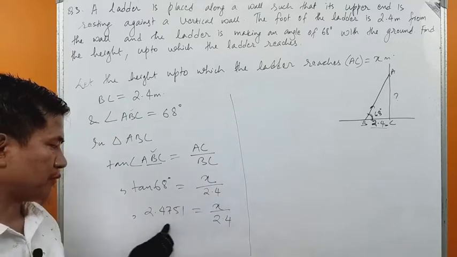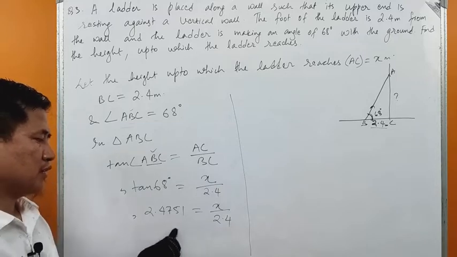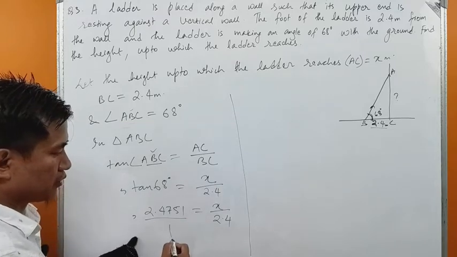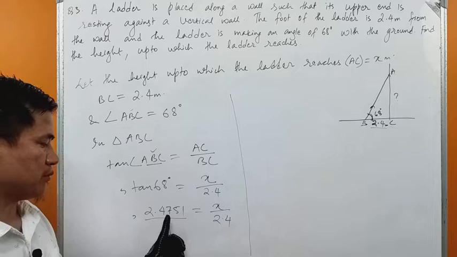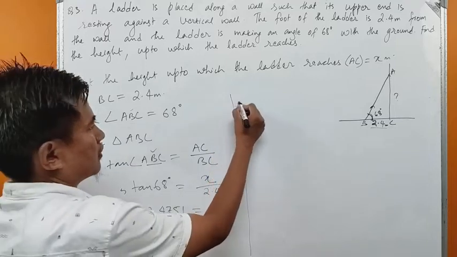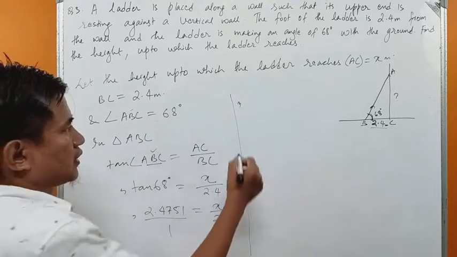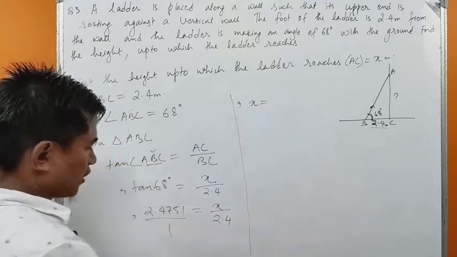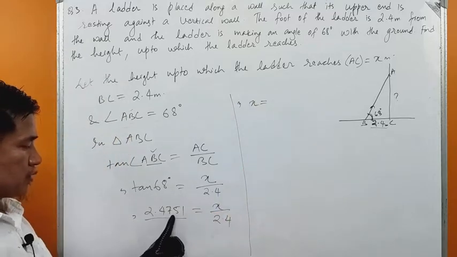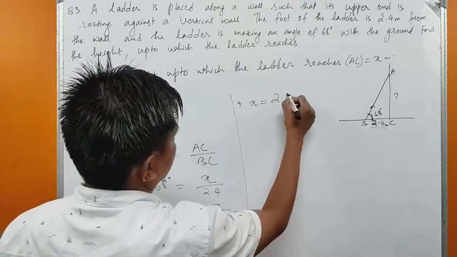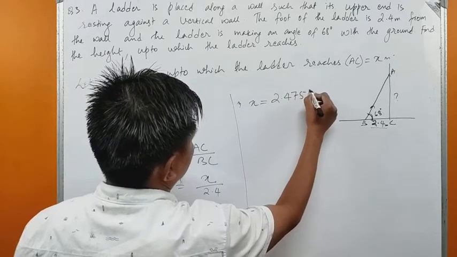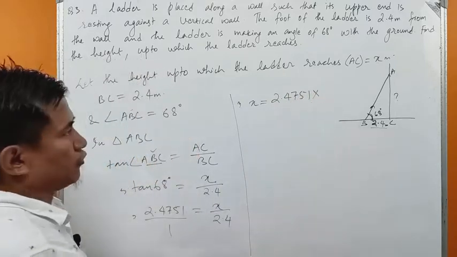This 2.4 can be multiplied with this because there is an equal to sign in between them, so we can cross multiply. So 1 into x is x, equals 2.4 into 2.4751, that is 2.4751 into 2.4, isn't it?